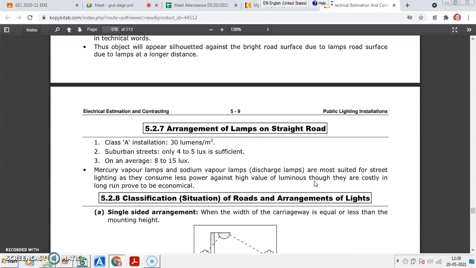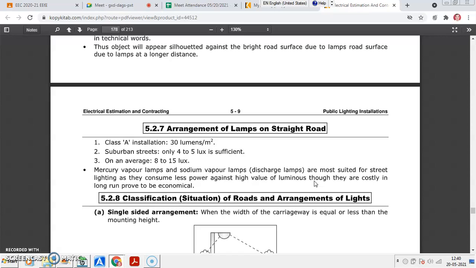Mercury vapor lamps, sodium vapor lamps earlier were suited for the street light purposes. Now we have seen various lamps, LED lamps especially, they are suitable for the street light purpose.